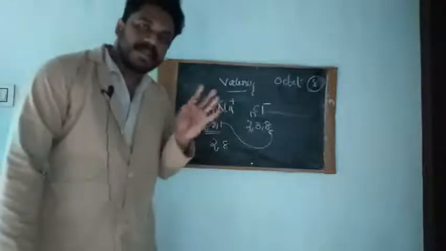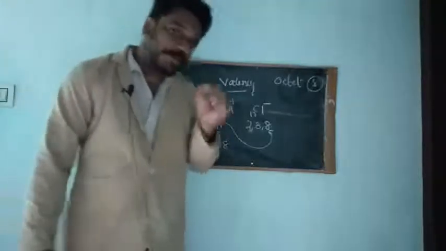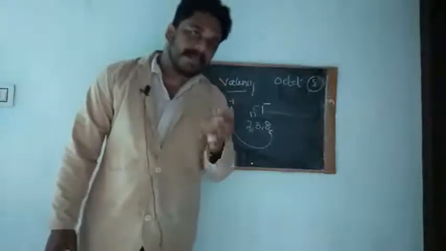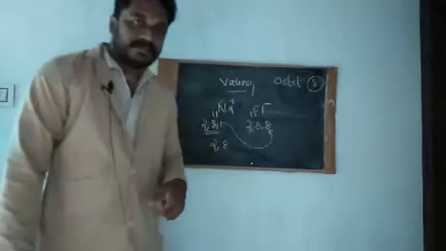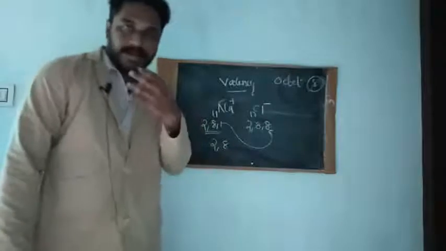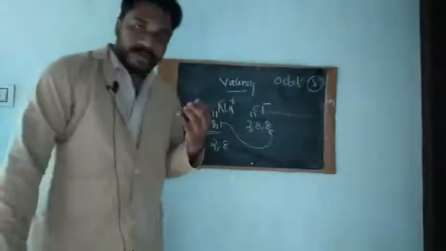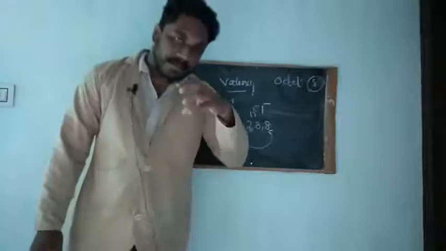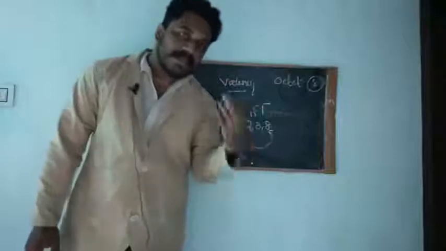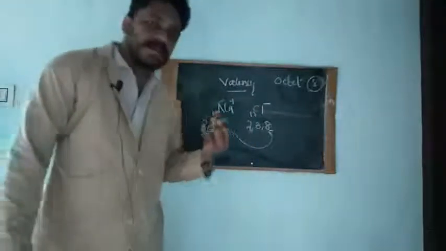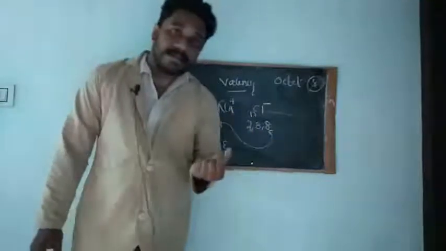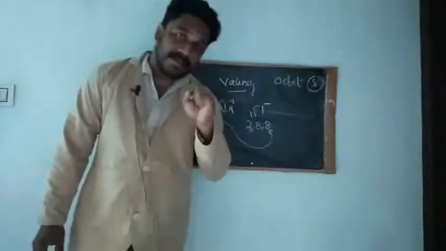The number of electrons exchanged or donated by the sodium atom can be called its valency. That's the combining capacity of sodium. 1 electron is donated by sodium, right? Similarly, the chlorine atom has accepted 1 electron.